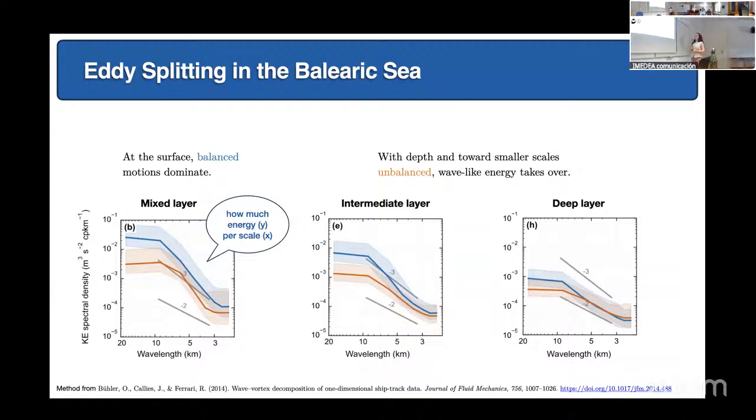So this is the power spectrum. I'm looking, for example, at 10 kilometers here. The energy is higher than at 5 kilometers, so I say that at 5 kilometers we have inverse transfer to 10, because the energy is higher here.